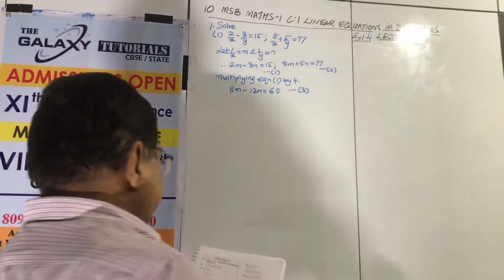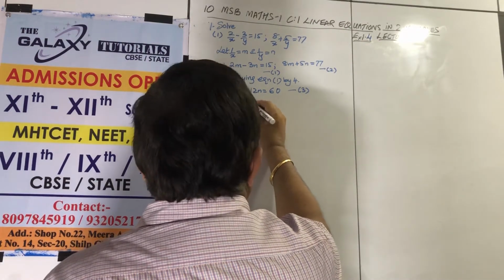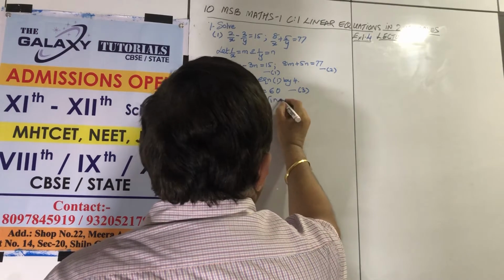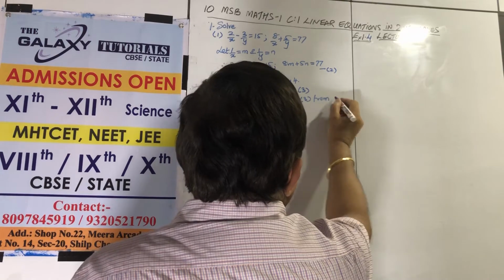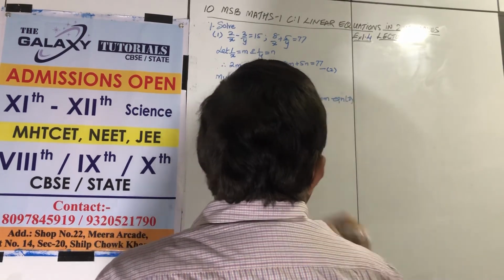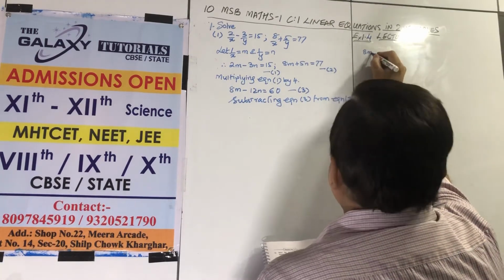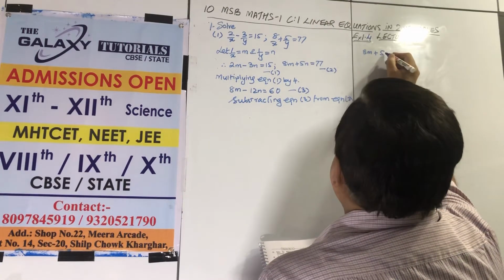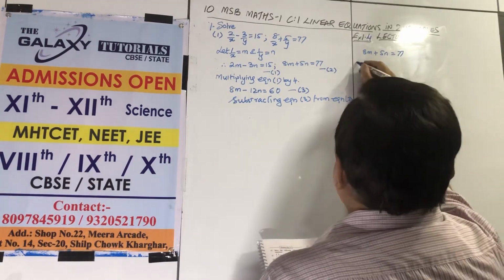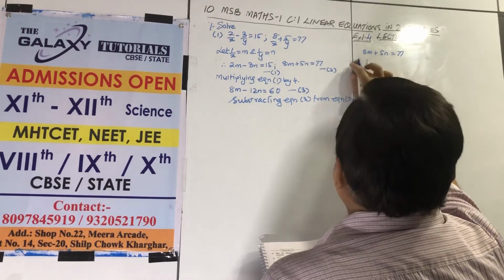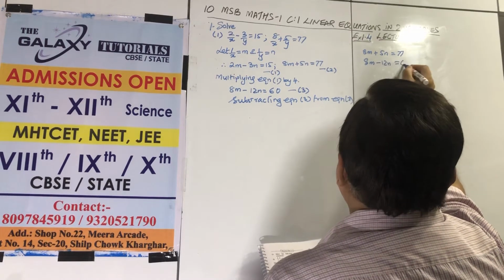Now I will subtract equation 3 from equation 2. I will get 8m plus 5n is 77 and minus 8m minus 12n is 60.